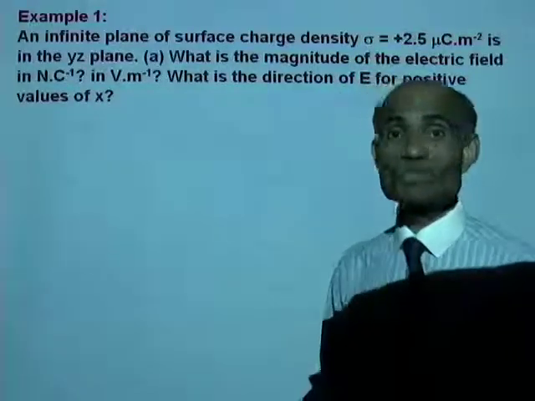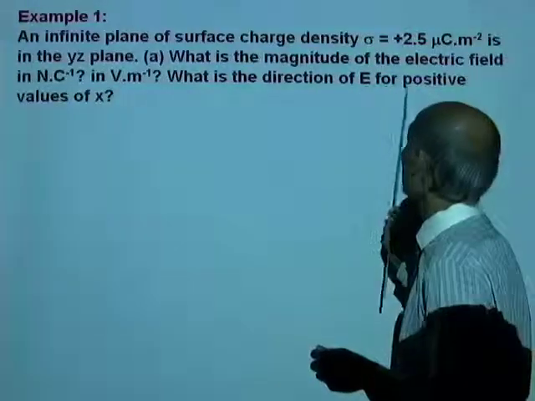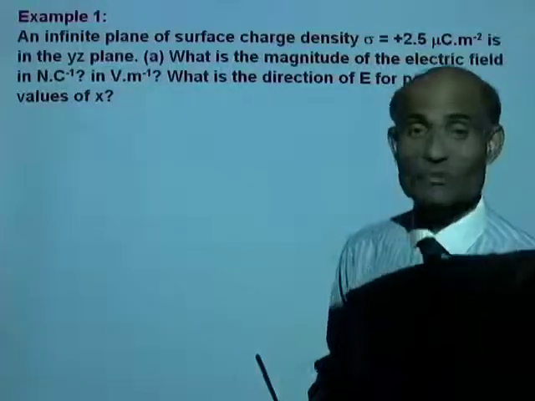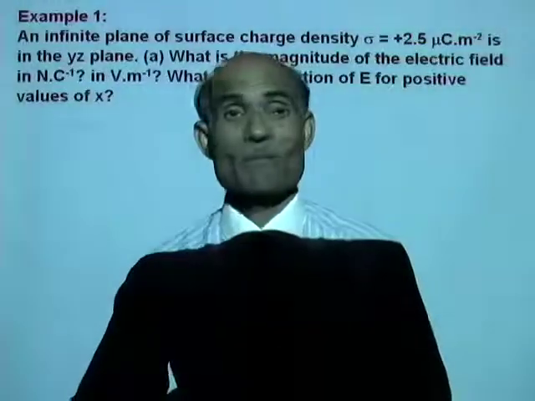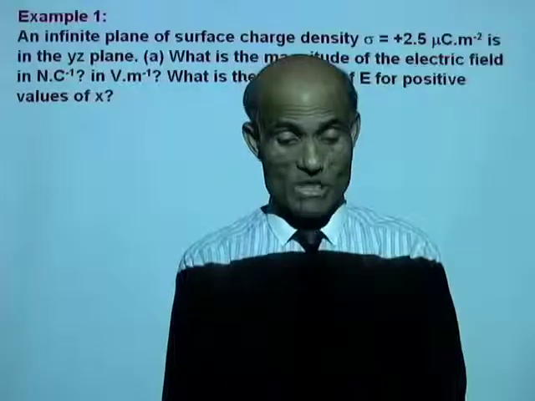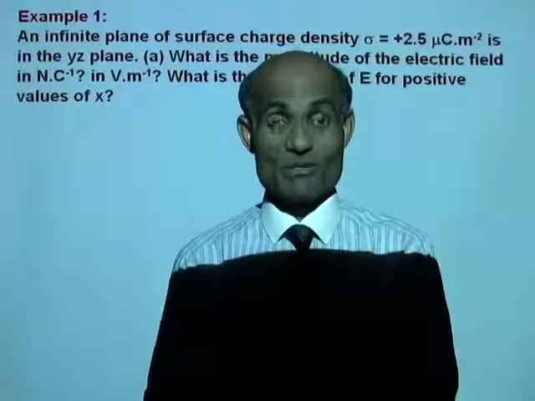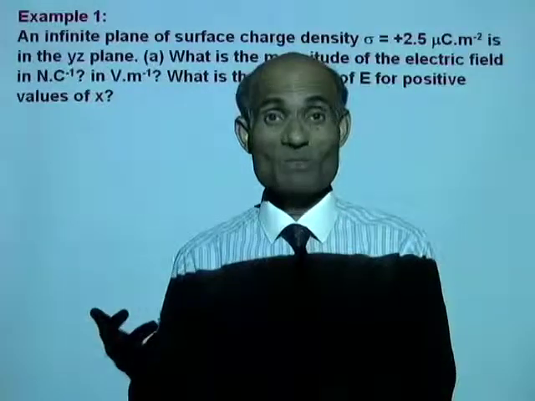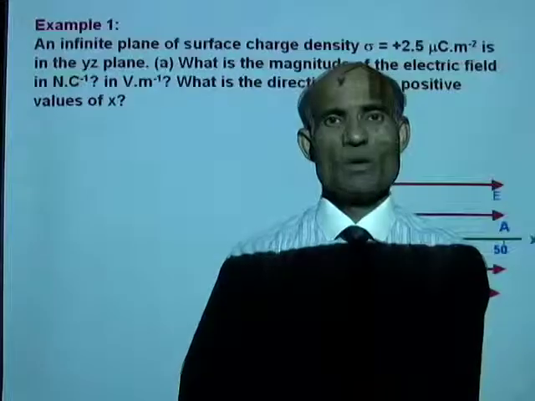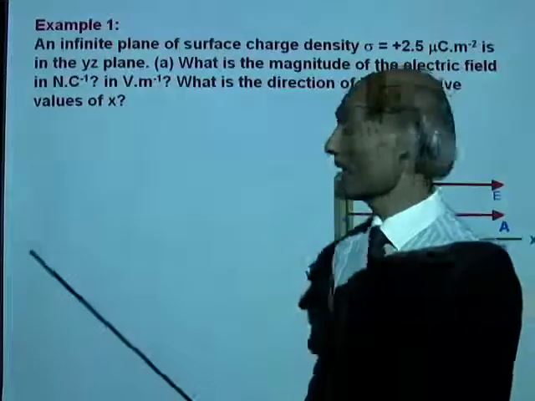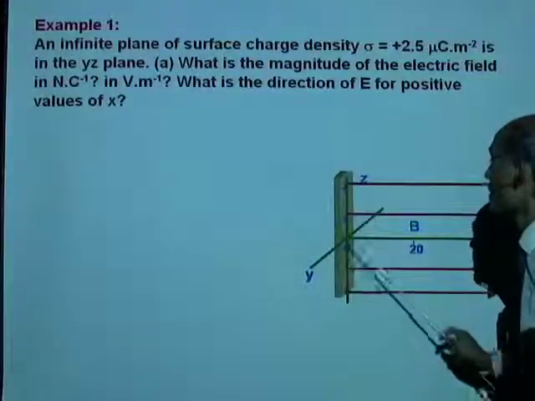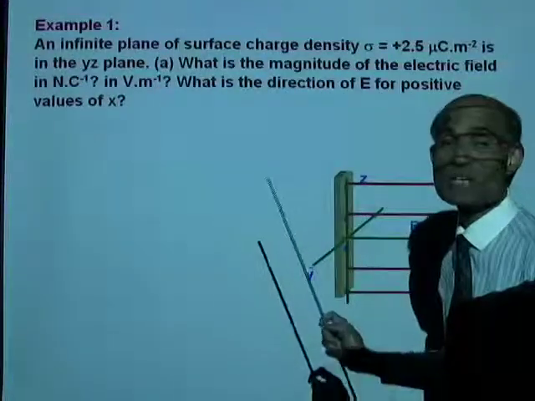What is the direction of the electric field for positive values of x? Well, actually, this is from a previous lesson that we had already done. It's a very simple problem. Okay.